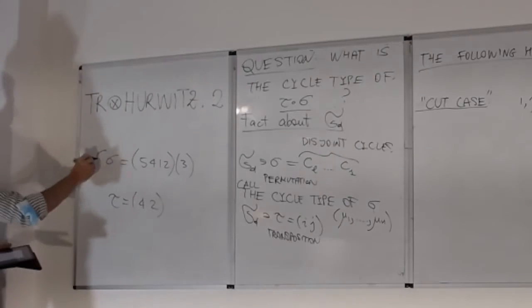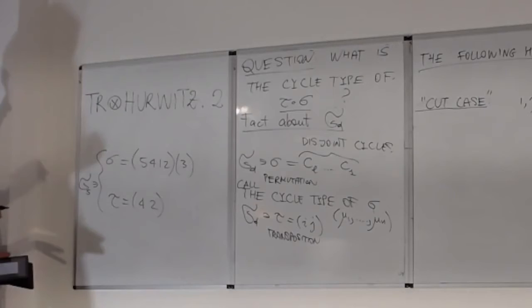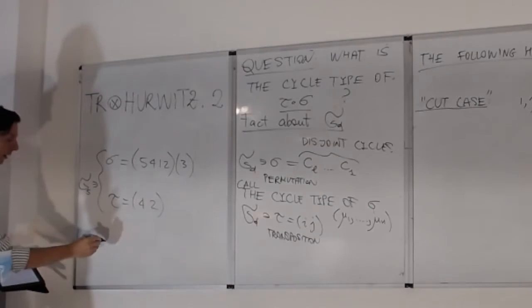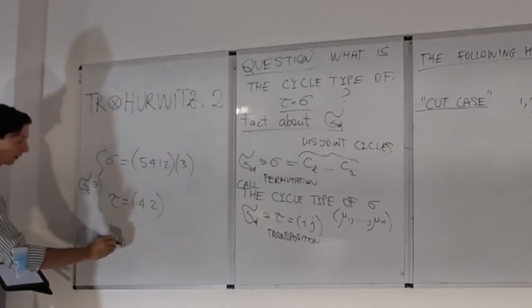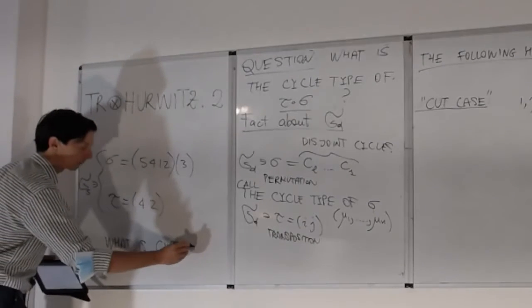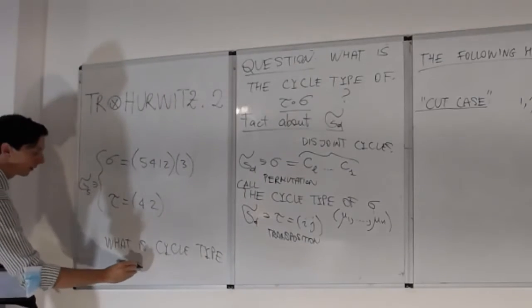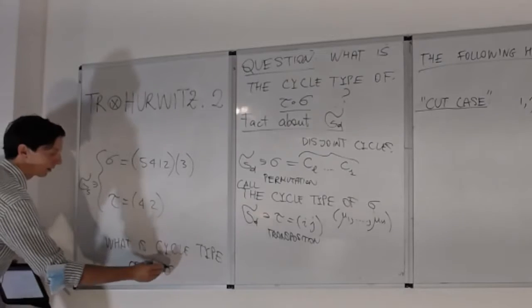This is a computation in S5. And now you ask yourself what is the cycle type of tau composed with sigma.